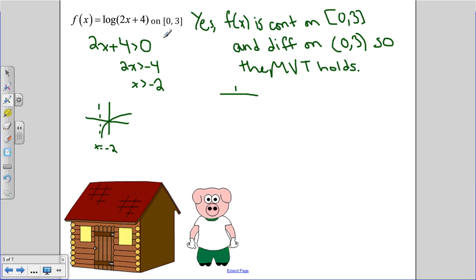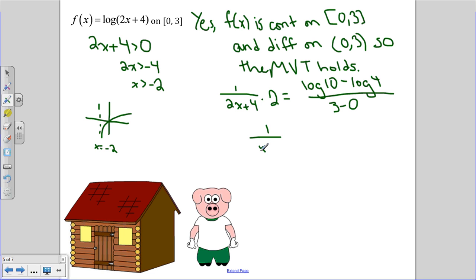So the derivative of log of this is 1 over 2x plus 4, times 2, equals, if I plug in 3, I get log of 10, minus log, plug in 0, you get log of 4, over 3 minus 0. 2 over 2x plus 4 is 1 over x plus 2. Log of 10 is 1.